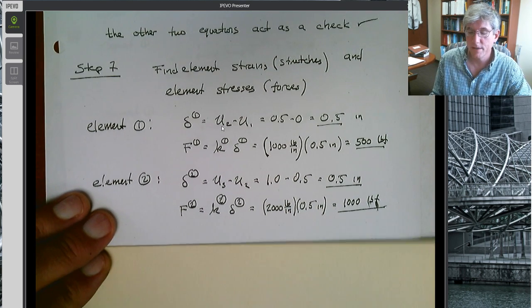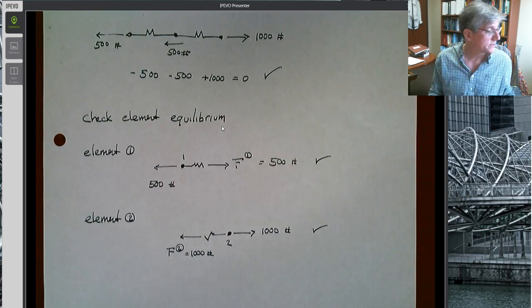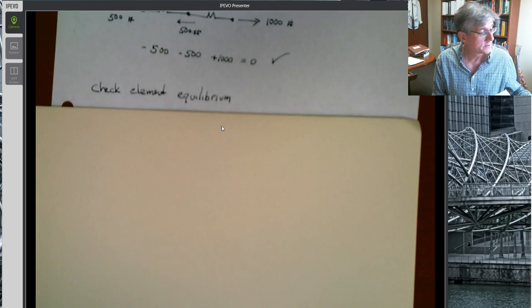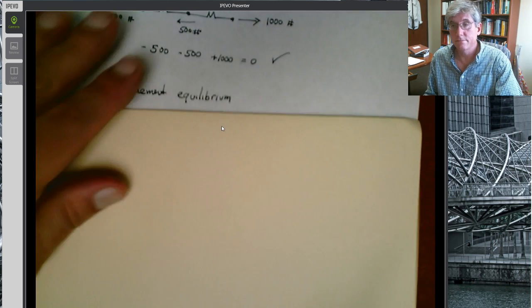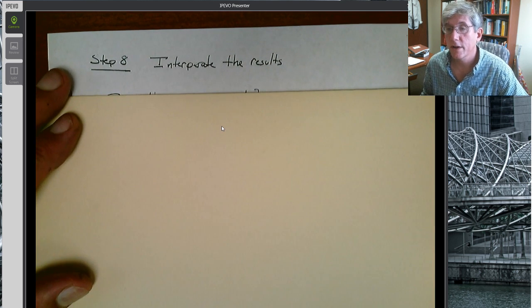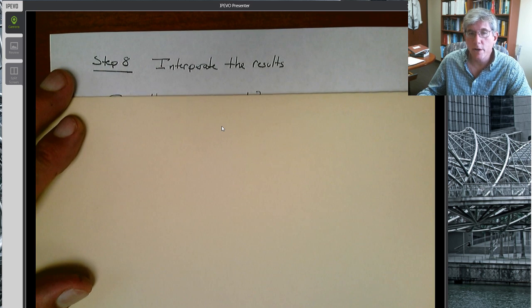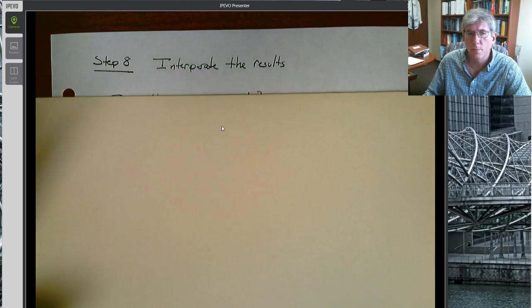Okay. And so the last step is step 8. Interpret the results. Usually, if we're designing the spring system, are the forces in the springs too much? Does the spring stretch too much? Is it appropriate for our design?